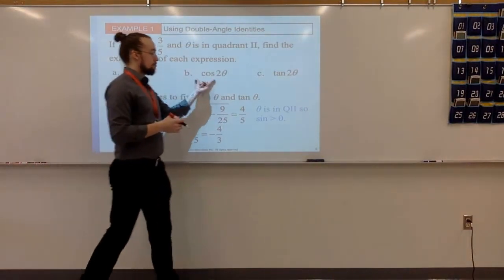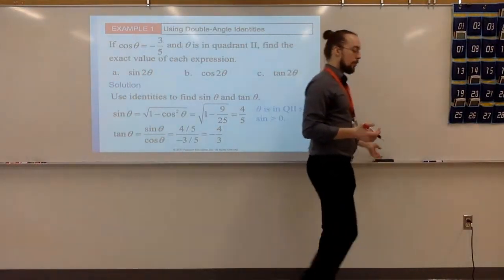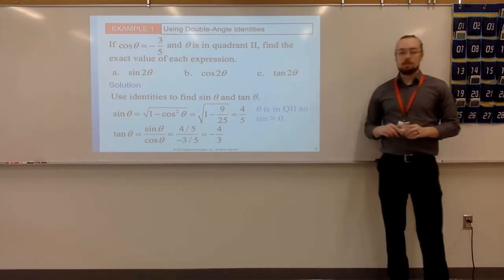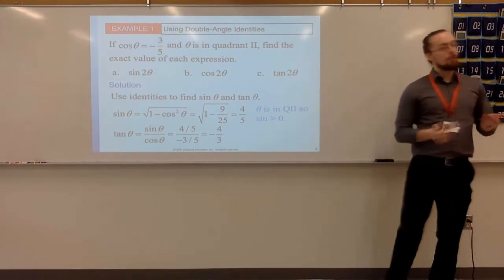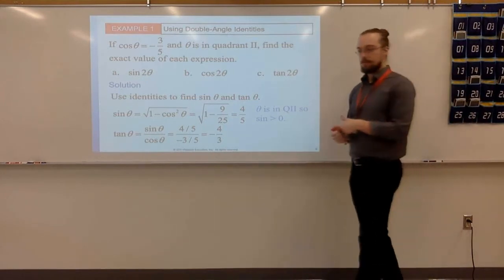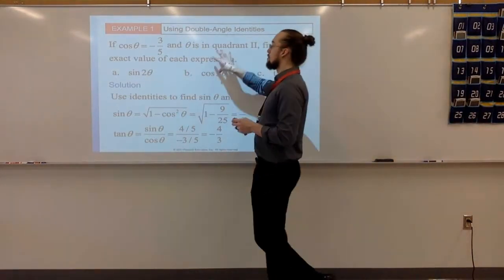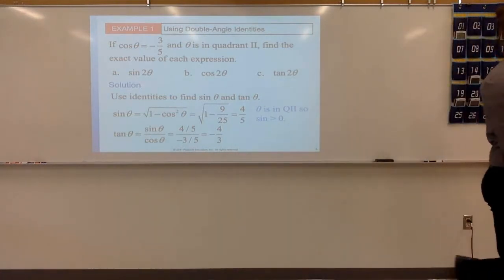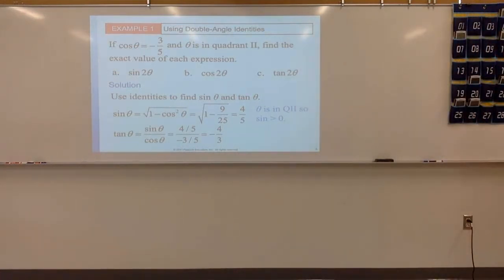If we take any angle on the unit circle and double it, that's just going to give us another angle that we already know the exact measurement of. So problems like this are how these formulas are going to be used.